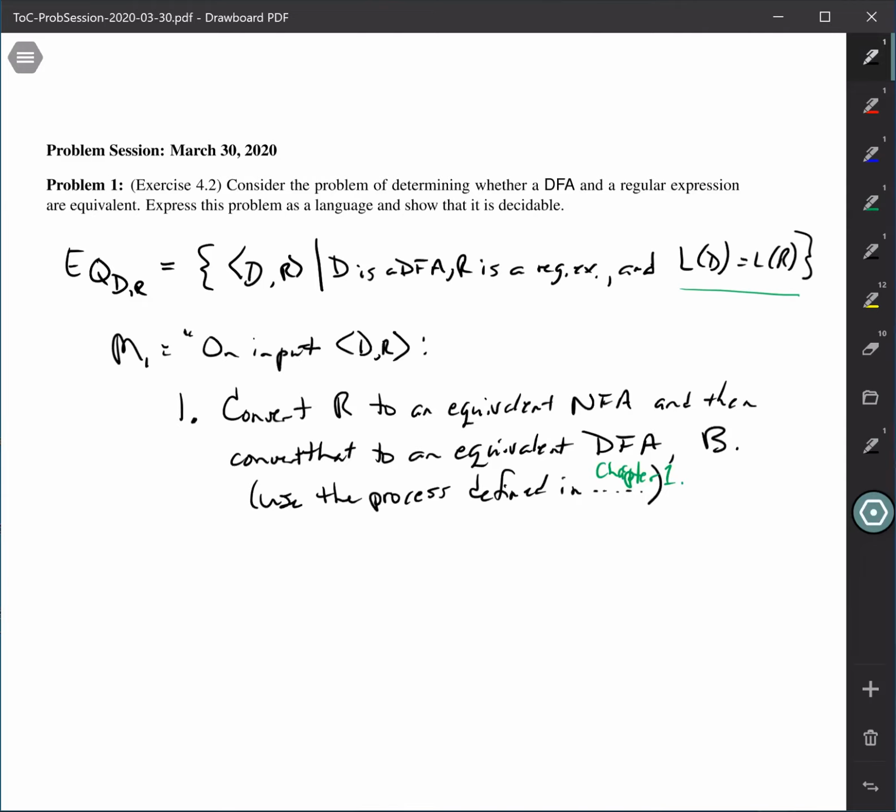So now we have a DFA-B, and it's equivalent to our regular expression R. So now, let me go ahead, since I did have, I'm not going to share this screen back, but I'm going to look in the textbook. I have it here.